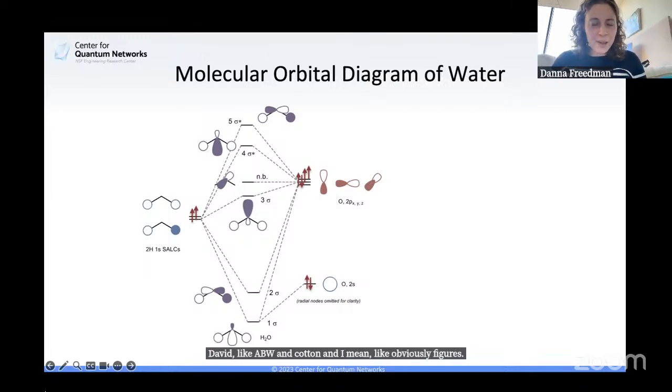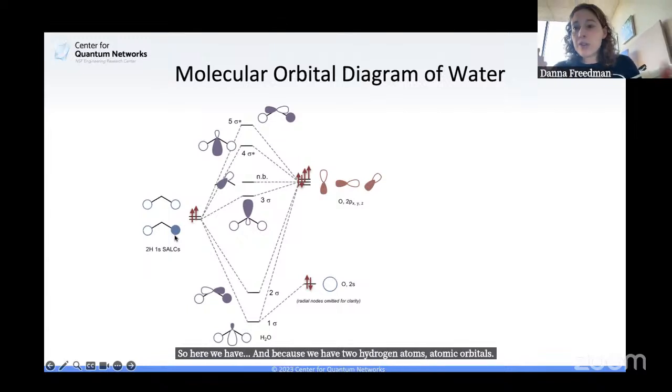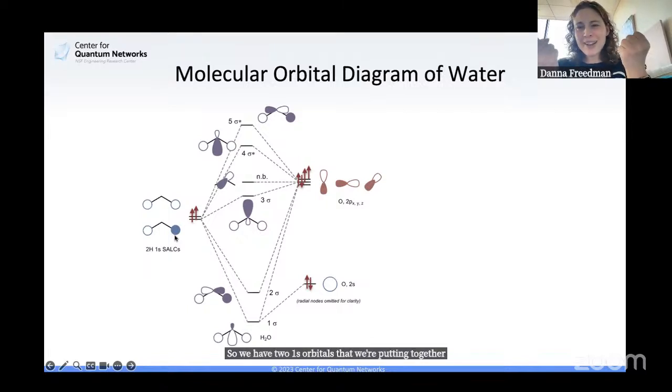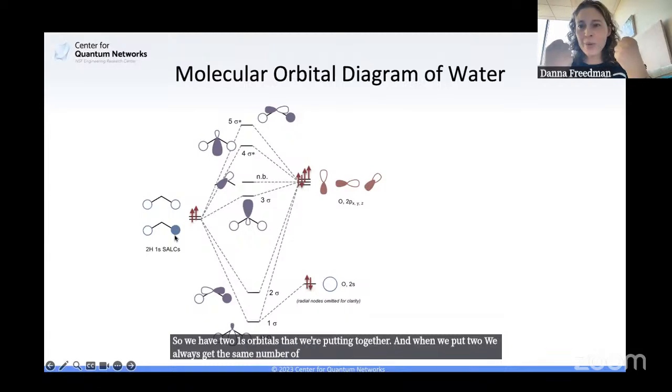Okay, so we have our sets of orbitals that we want to think about. Because we have 2 hydrogen atoms, we have 2 1s atomic orbitals that we're putting together, and when we put 2 in, we always get the same number of orbitals out that we put in.